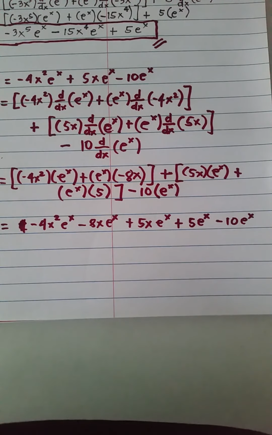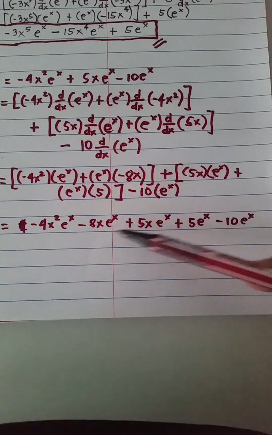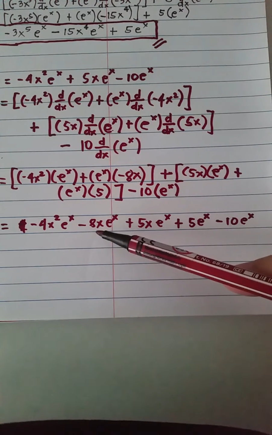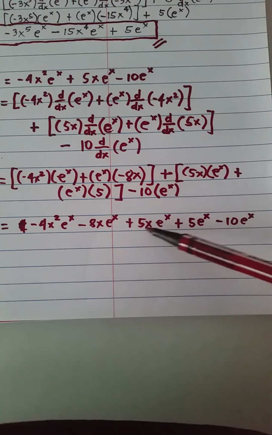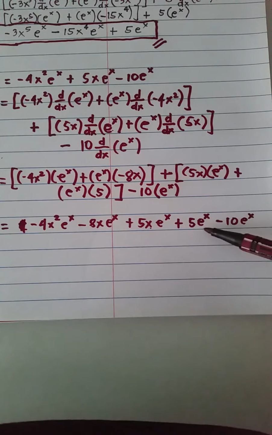Now there are similar terms, right? This and this one. Why are they similar? Because they have the same polynomial function, same variable, same exponent. Also here, same constant, and of course we have the same exponential function. So we combine.